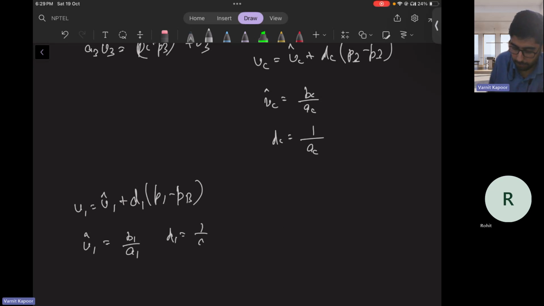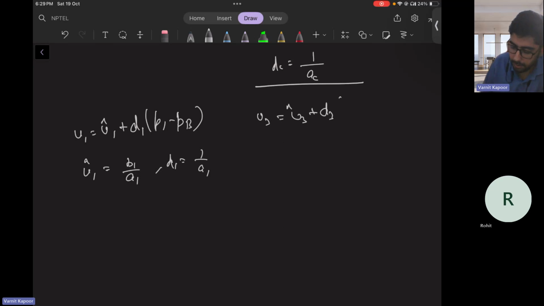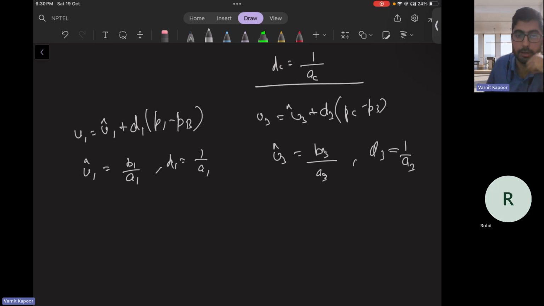D1 is 1 over A1. Similarly, U3 is U3 hat plus D3 into PC minus P3, and U3 hat is B3 upon A3, and D3 is 1 upon A3.